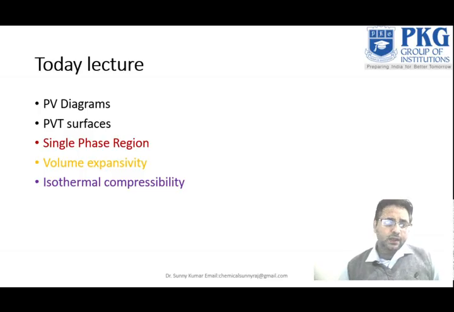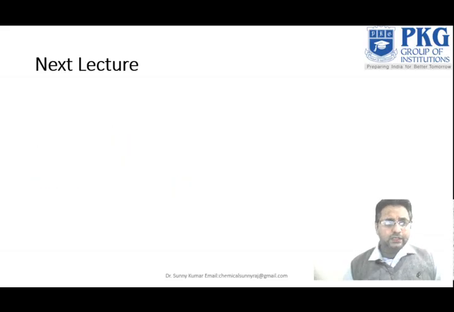In the single phase region, in the subcooled region, the fluid behaves as an incompressible fluid, with small volume expansivity and isothermal compressibility. We have discussed this in today's lecture. In the next lecture we will solve the question I have given today.